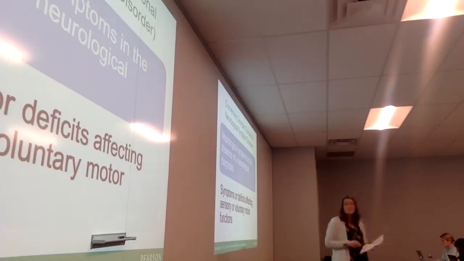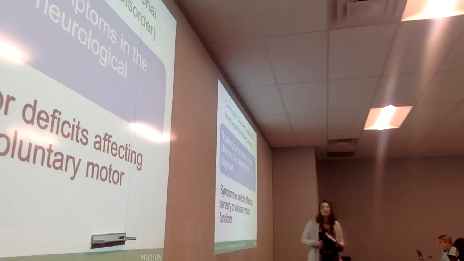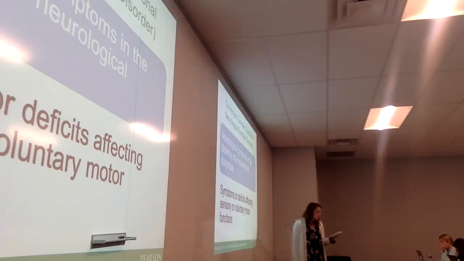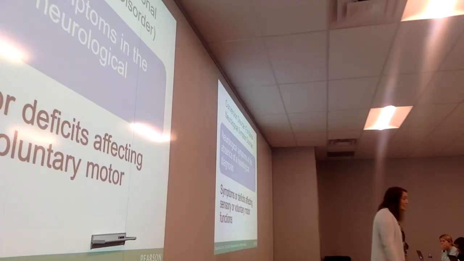But what this looks at is neurological symptoms in the absence of a neurological diagnosis. I quickly mentioned that one possibility is seizures, which likely would be someone experiencing conversion disorder. Freud believed that these types of people were sexually suppressed, and that their bodies were revolting against them because their sexual desires were not being met.